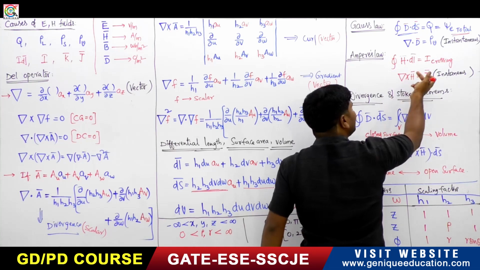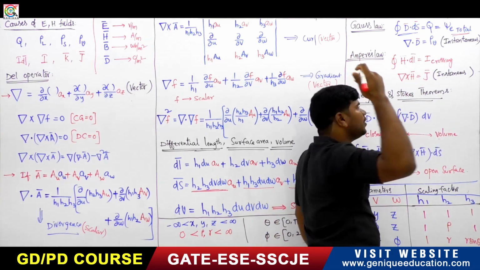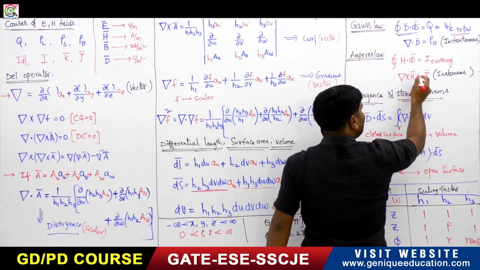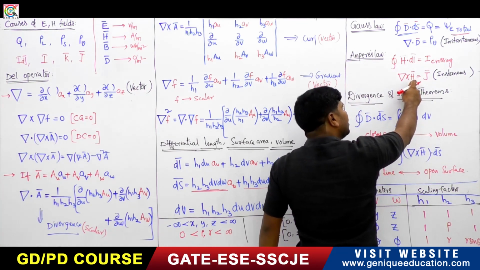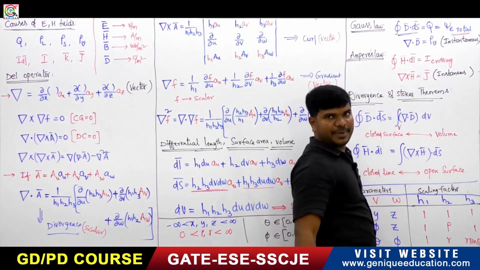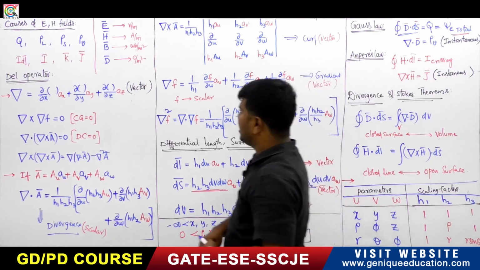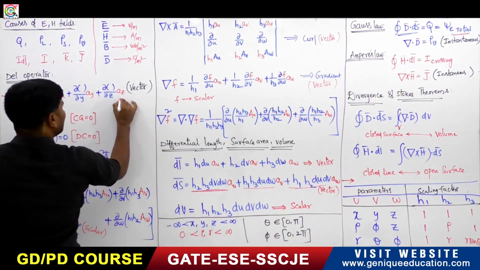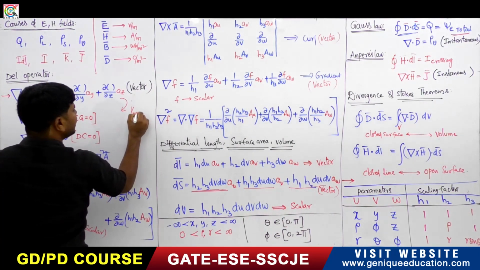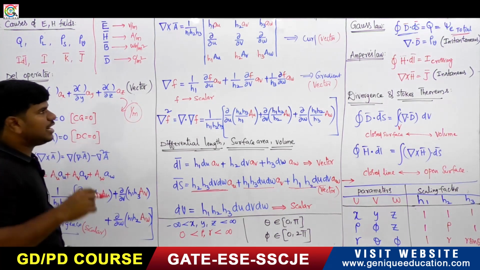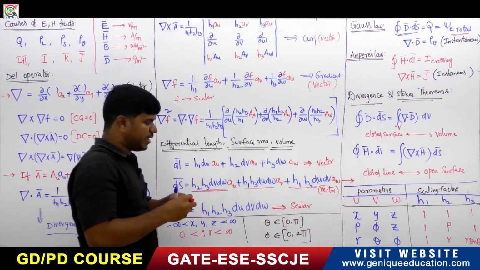Del has units of per meter, so del cross H has ampere per meter square. Always remember, del has units of 1 per meter. It is a very important thing you have to identify.